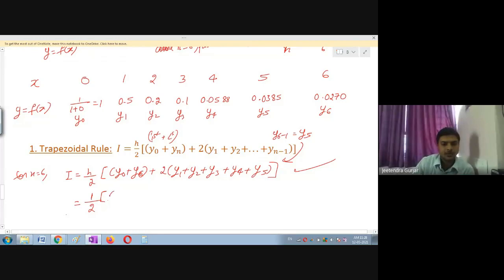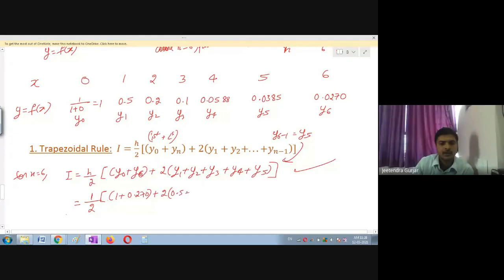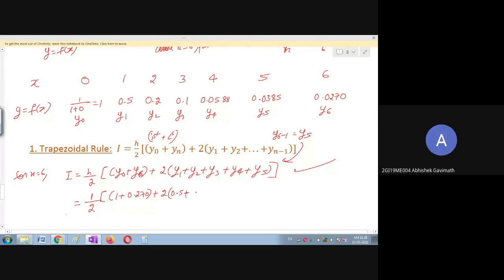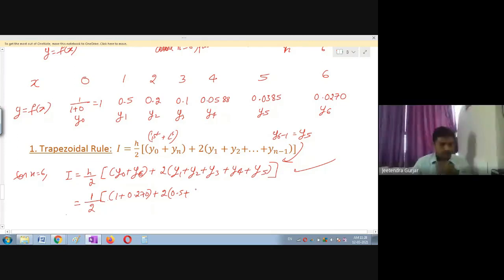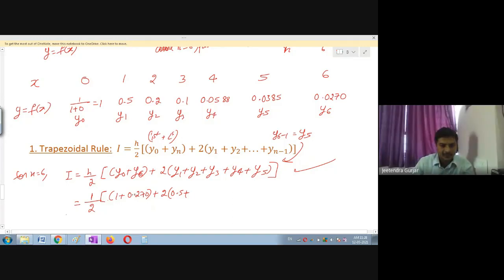Okay, now substitute here. Y0 is 1 plus y6 is 0.270 plus 2 times y1 is 0.5. Sir, you missed the zero in between for y6. Oh, sorry, yes, you are right.